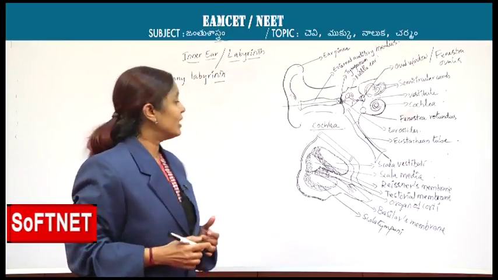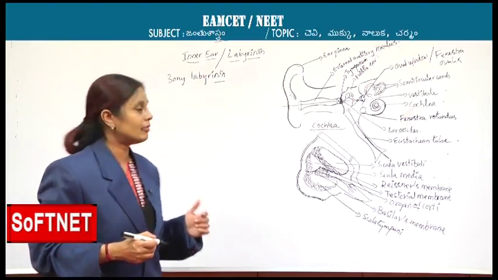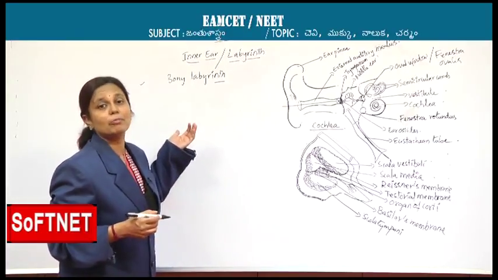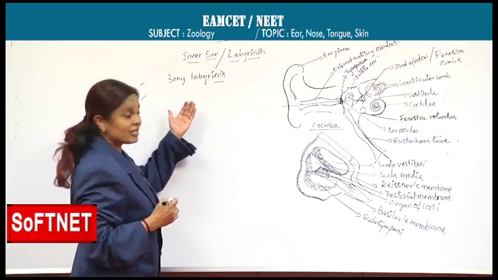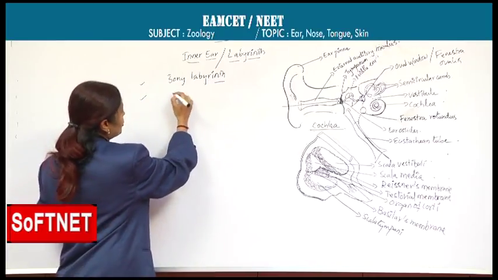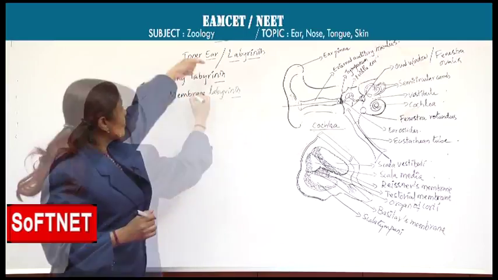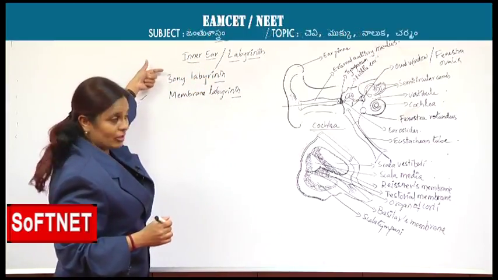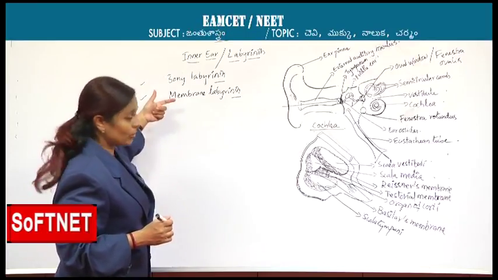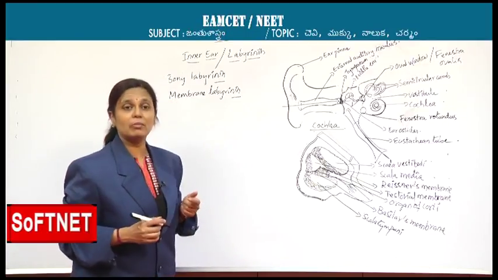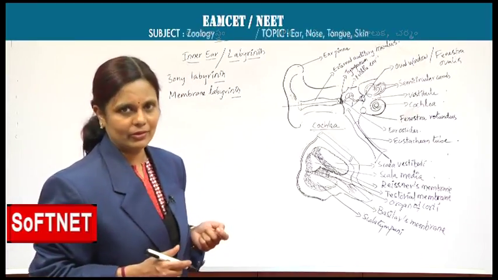This in turn is divided into a number of compartments by connective tissue partitions or membrane partitions, and all the membrane partitions present inside the bony labyrinth together you call the membrane labyrinth. Inner ear structure, let us call it bony labyrinth, an outer bony structure, and with membranes inside, let us call it membrane labyrinth.